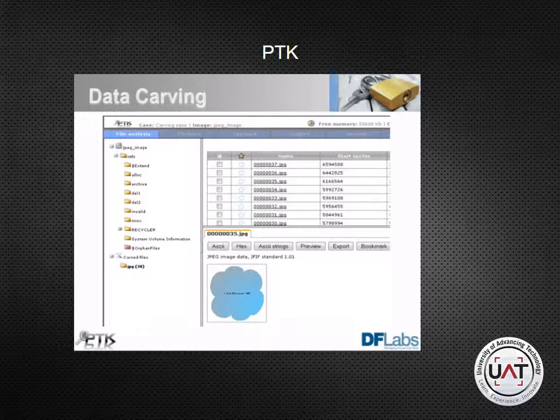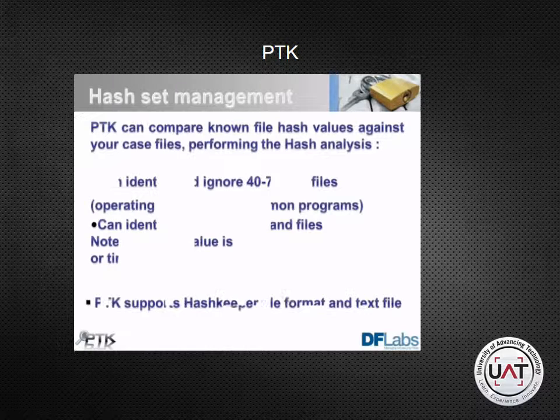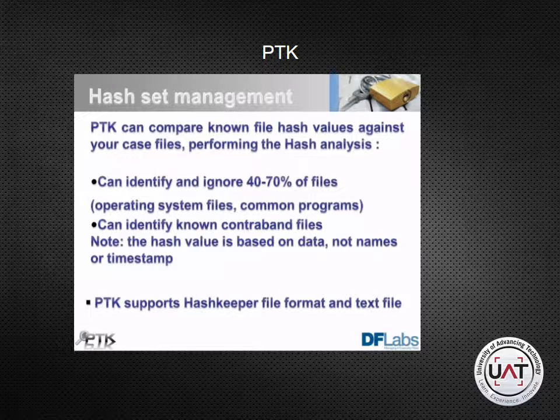In order to render the process faster, there are headers and footers for the most common file types, such as JPG, GIF, DOC, PDF, etc., divided into categories to facilitate selection by the user. PTK Forensics full version is able to manage hash libraries with accuracy, thus rendering investigation processes faster and easier.